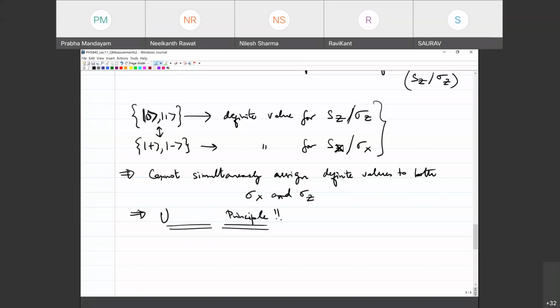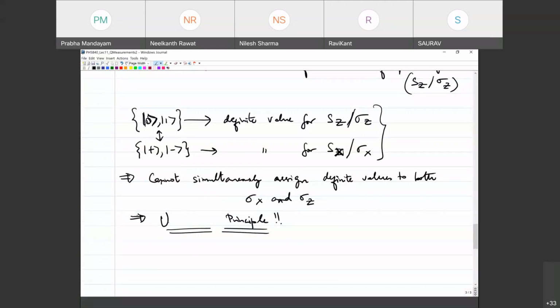There are several such sets of observables in quantum theory which satisfy uncertainty principles. And the corresponding observables like sigma x and sigma z are called incompatible observables, just like position and momentum.